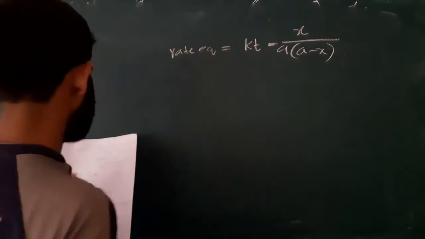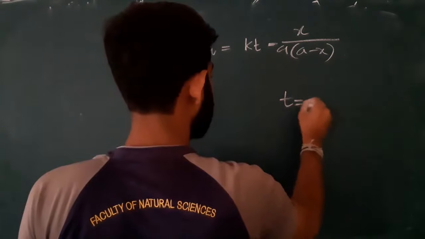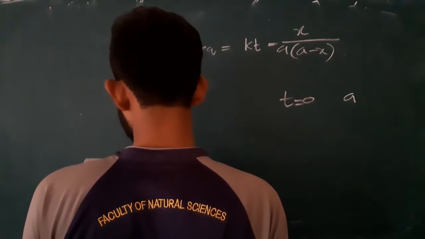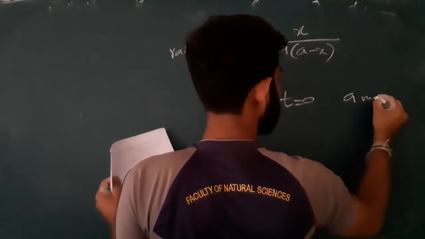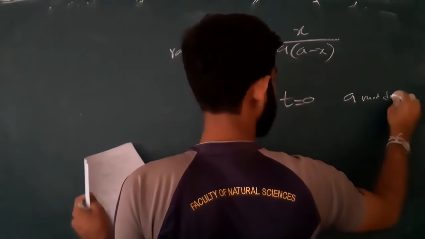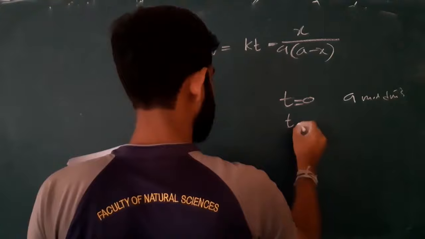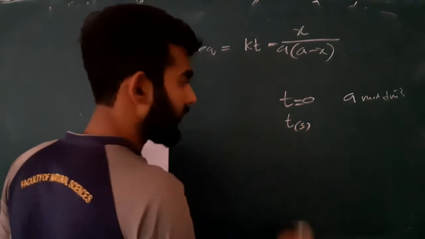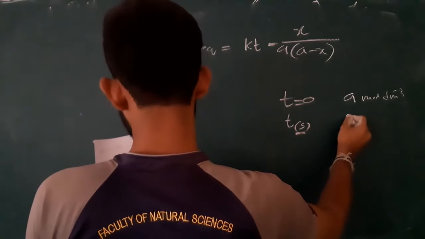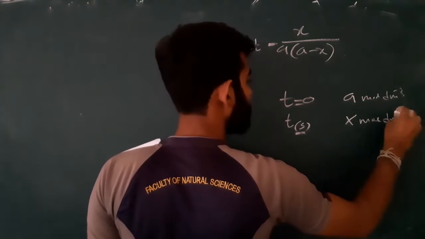This expression they have given. So at t equals 0, initial concentration is a moles per cubic decimeter, and after time t seconds, they highlighted seconds, the concentration will be x moles per cubic decimeter.